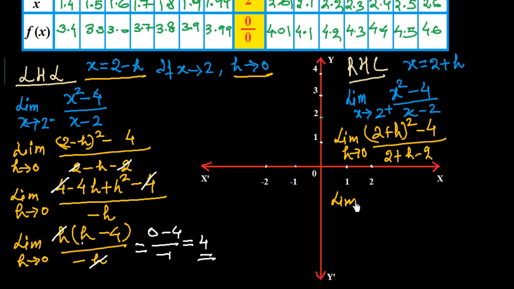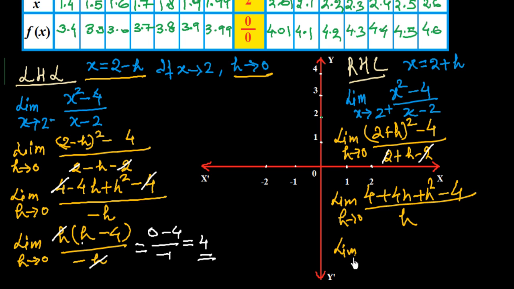So we simplify this, h tends to 0, here the a plus b whole square identity we will use. So we get here 4 plus 4h plus h square minus 4, and here 2 and 2 eliminate each other. Here we get h only.